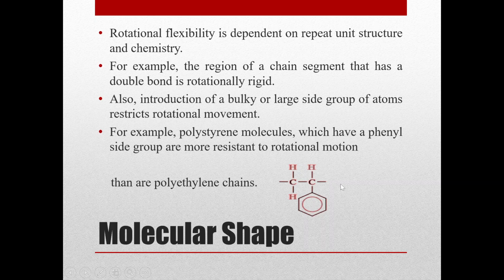Similarly, you will find polyethylene, which is similar. The only difference is that instead of this ring over here, you will find another hydrogen atom. Because of this bulky or large side group of atoms, it will restrict the rotation of this entire molecular segment around itself, so it will be more resistant to rotational motion.